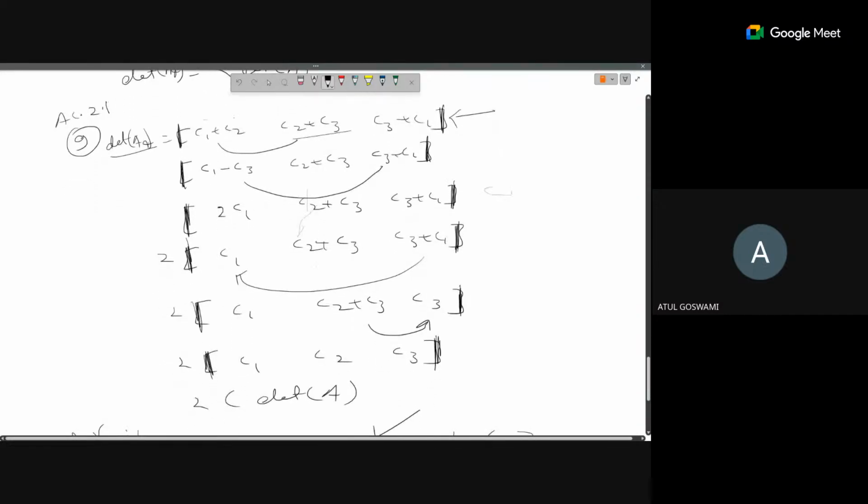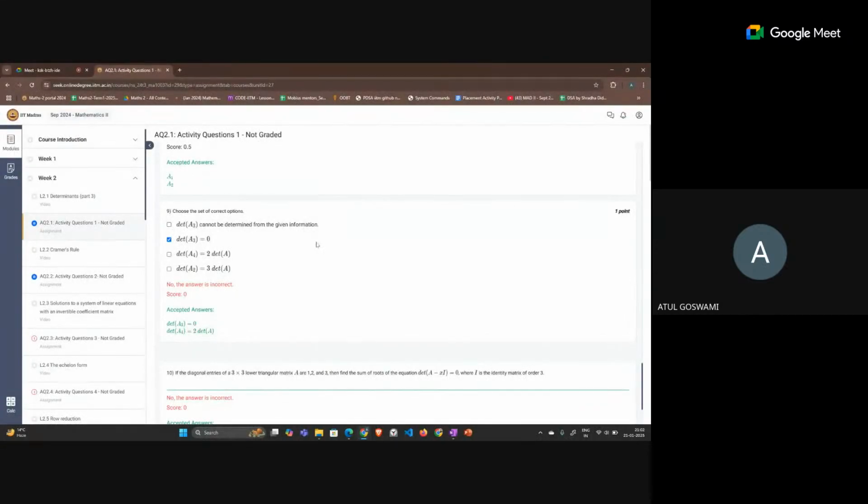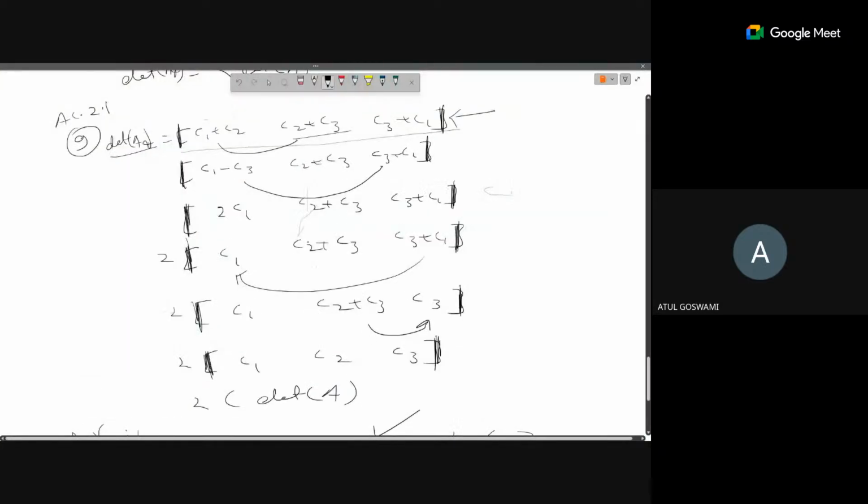What I have done is I have taken this A4. Question nine asks for the set of correct options, so we have to calculate the determinants. Here it says the determinant of A4 is two times the determinant of A, option number three. So let me check. A4 is C1 plus C2, C2 plus C3, and C3 plus C1.